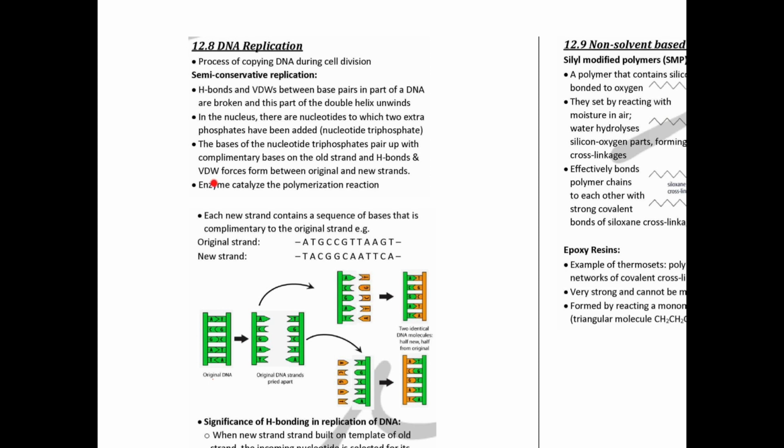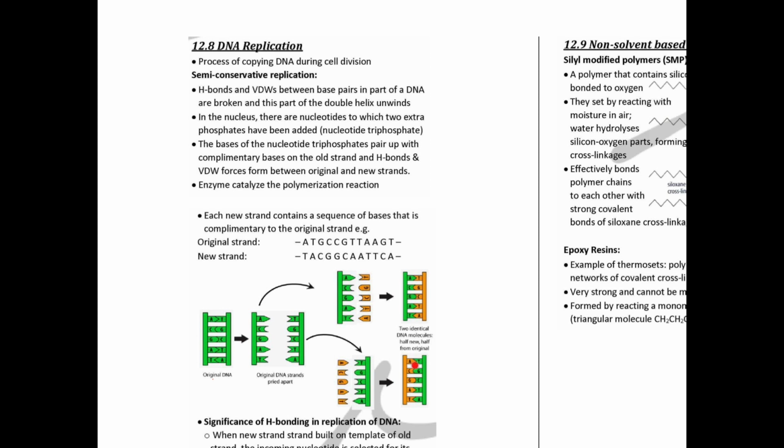And there is an enzyme that makes this happen. So the enzyme catalyzes the polymerization reactions. So each new strand contains a sequence of bases that is complementary to the original strand. Same with the original one, like here A T, you see this one, the new one is also A T, this one, the new one, A T also, same one.